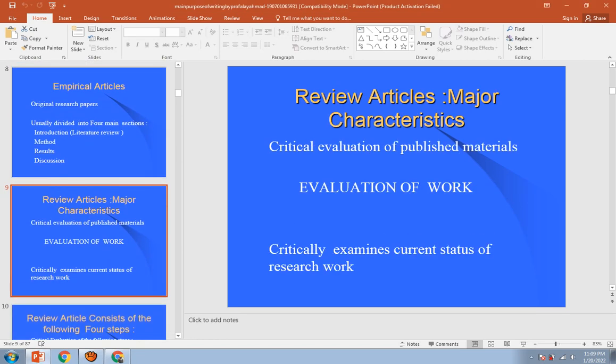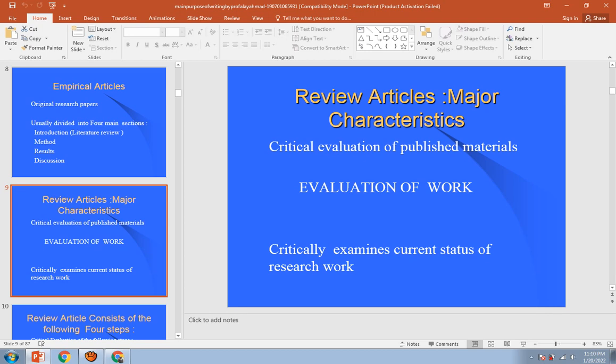Now we come to another related point. Review articles. What is a review article? Major characteristics of review articles. Critical evaluation of the published materials. Critical examination, your judgment of published material.